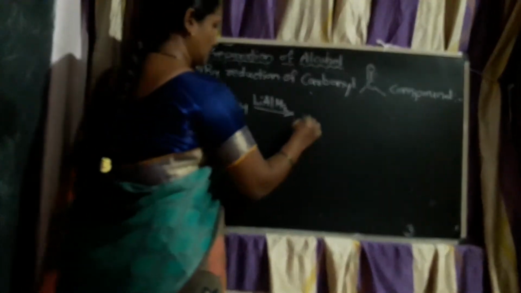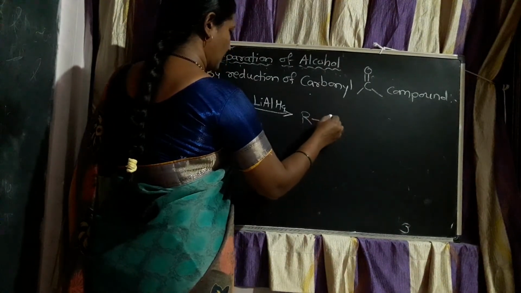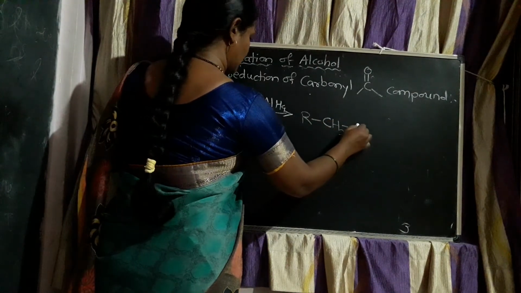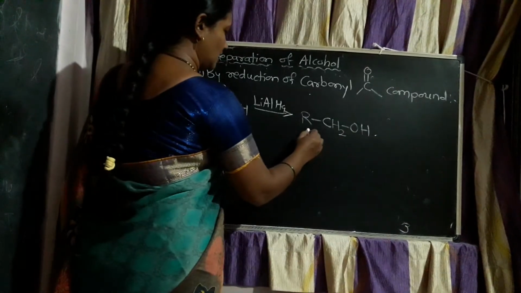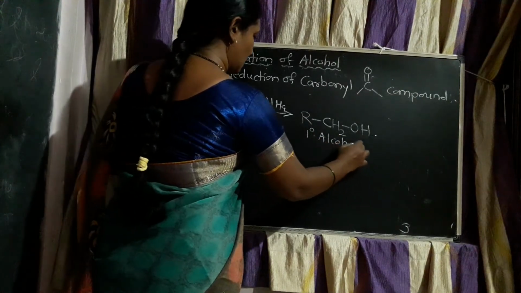Then it forms RCH2OH, which is the primary alcohol. Here is also the formation of primary alcohol.